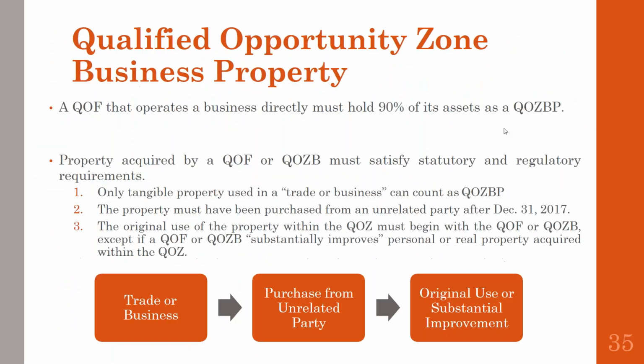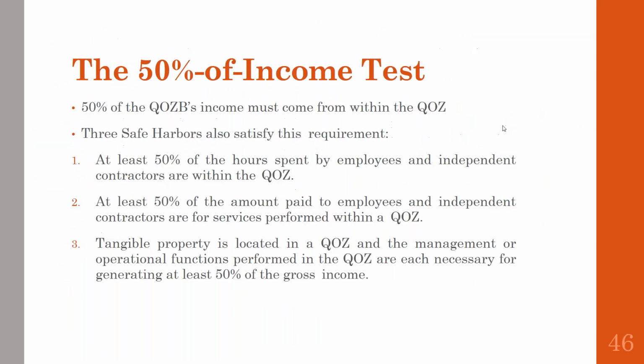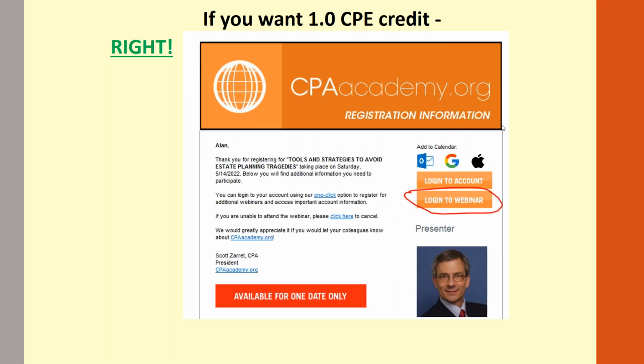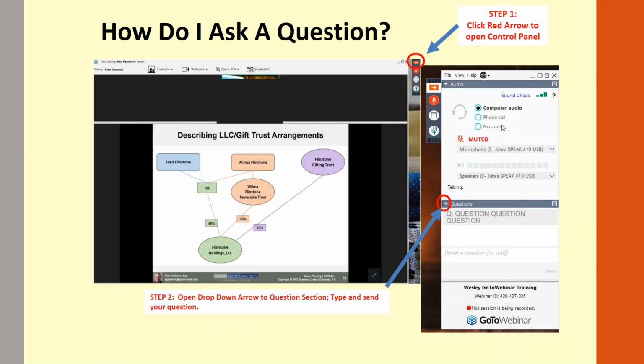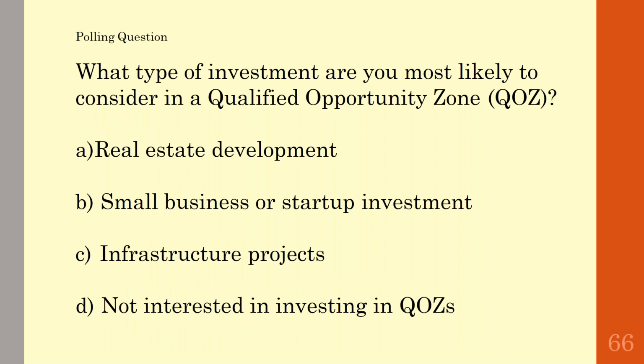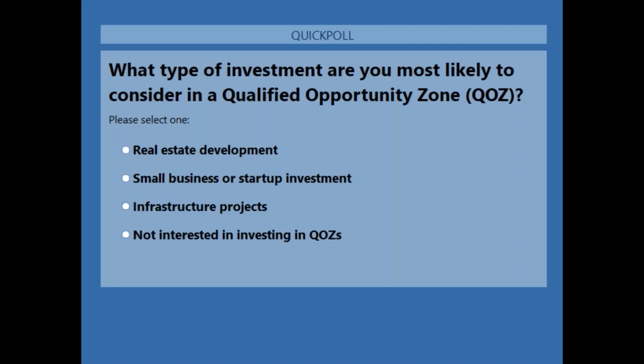So with that, what I'd like to do is go to our second polling question. What type of investment are you most likely to consider in a qualified opportunity zone? Real estate development, small business or startup investment, infrastructure projects, or not interested in investing in QOZs at all.